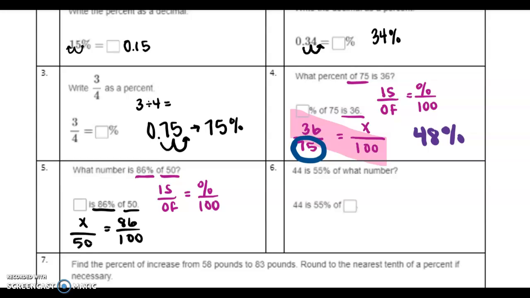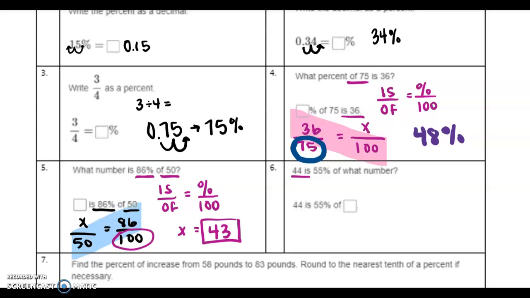And so we don't know what number is on the top, so we are going to multiply diagonally, and then we divide by our third number. So this gives us 43 as our answer.